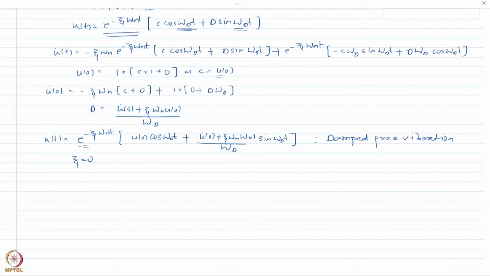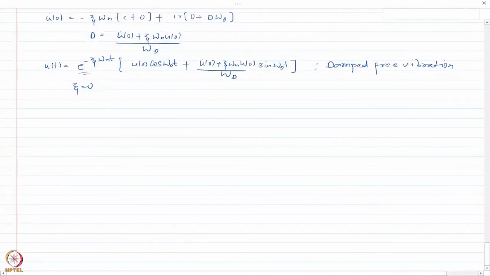Alright, so if you plot undamped free vibration and damped free vibration, it would look something like this. Okay, let me just try to plot it here. So let us say this is undamped free vibration, so constant amplitude.